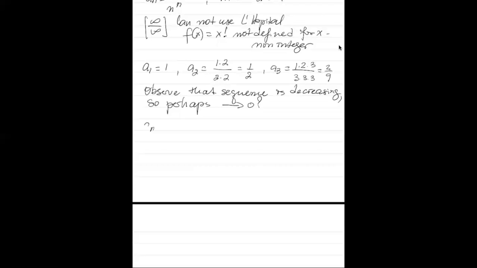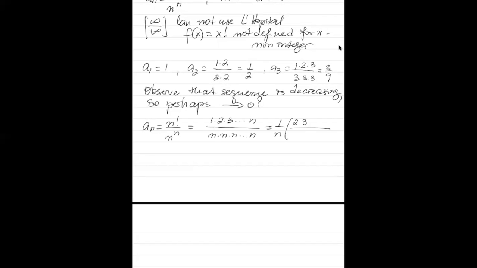So let's explore this and look at the nth term. A sub n is n factorial over n to the nth power. And let's write this all out. That is 1 times 2 times 3 times up to n, over n times n times n times n. Now, if I factor out n on the denominator and on the top, what's left is 2 times 3.